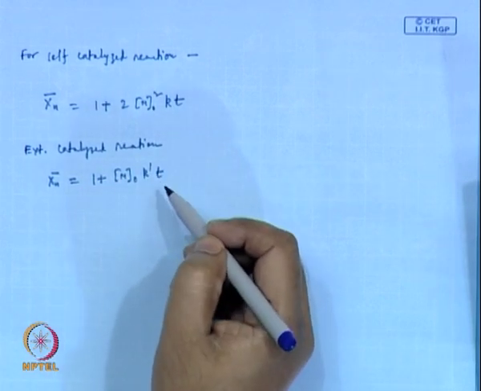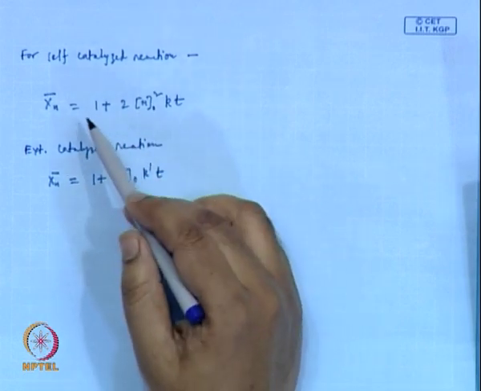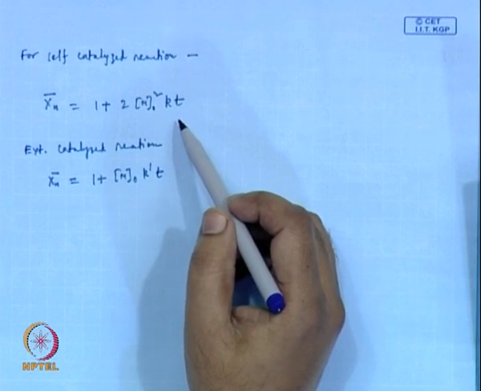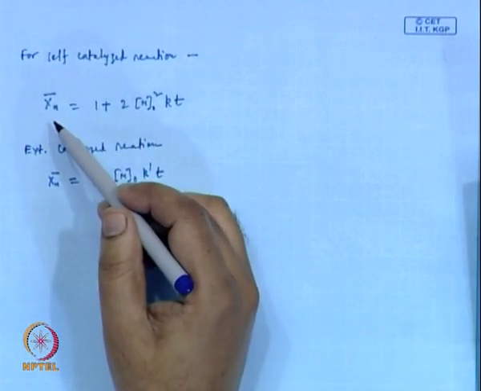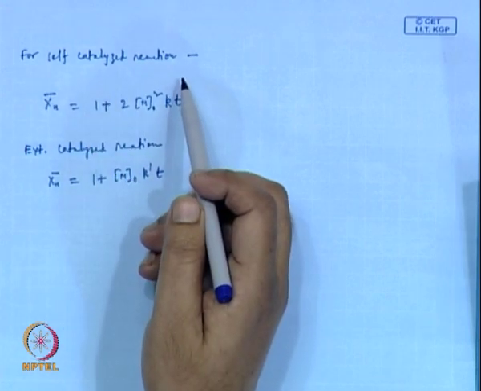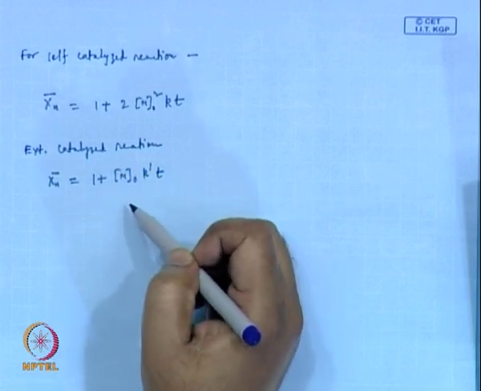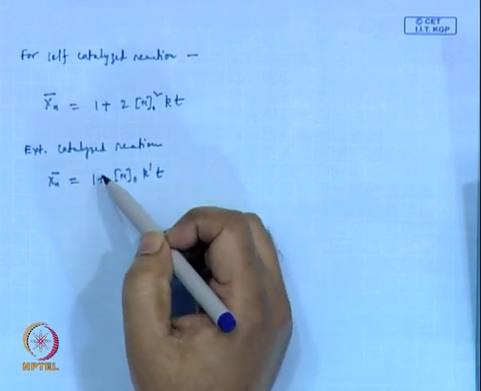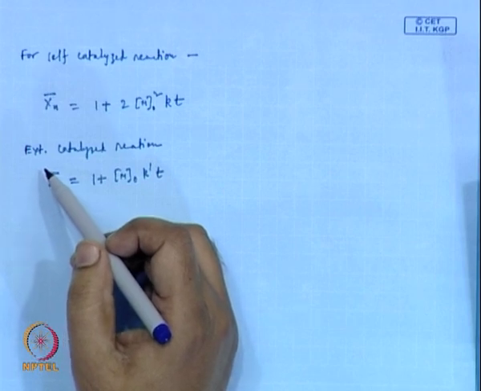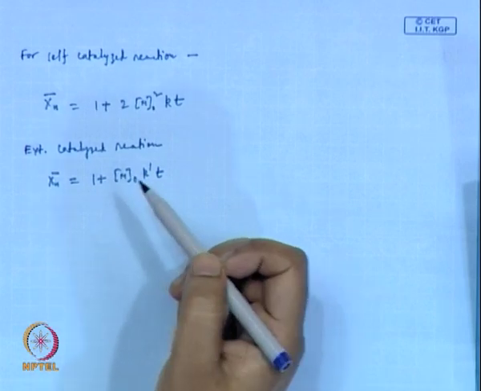Now, from these two equations, we have seen in the last class itself that it is very difficult to build a high molecular weight, a high value of Xn bar, for a self catalyzed reaction, and that is the reason in most cases industrial polymerization takes place in the presence of a catalyst which is added from outside the system.